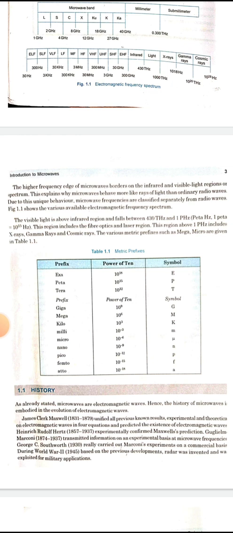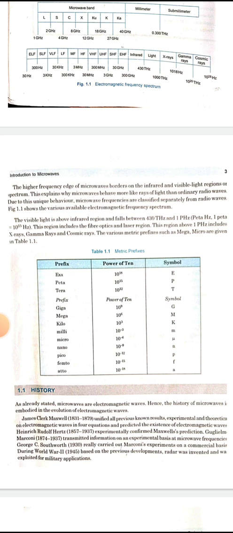In this table we are going to discuss each prefix, its power of 10, and its symbol. So let us have a look at the different metric prefixes. The first prefix is exa. Exa has a power of 10, that is 10 raised to 18, and its symbol is capital E.